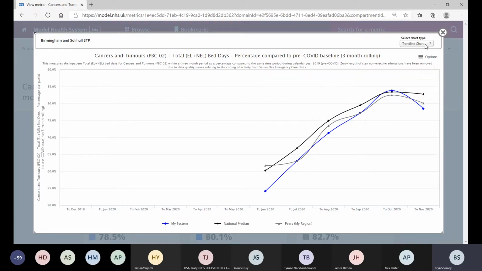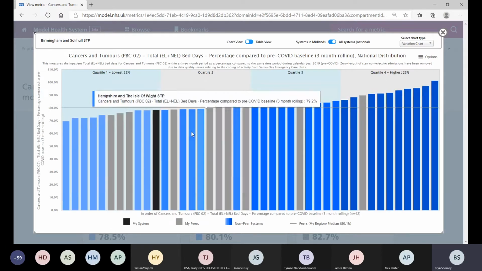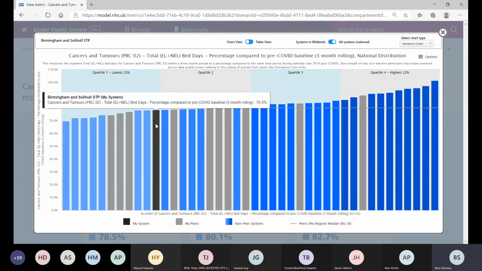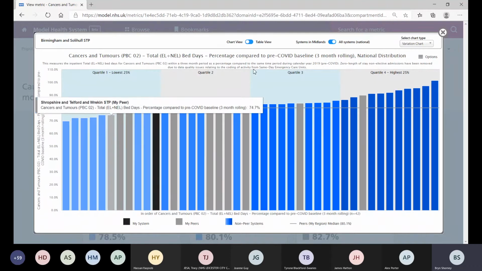You can also view this in the variation chart format. Again, for Birmingham and Solihull, you can see that's a slightly lower ratio of bed days compared to both the regional and the national median, and you can see the outliers at either side of that as well. But as I say, it's very much intended to be looked at alongside the main baseline indicator.